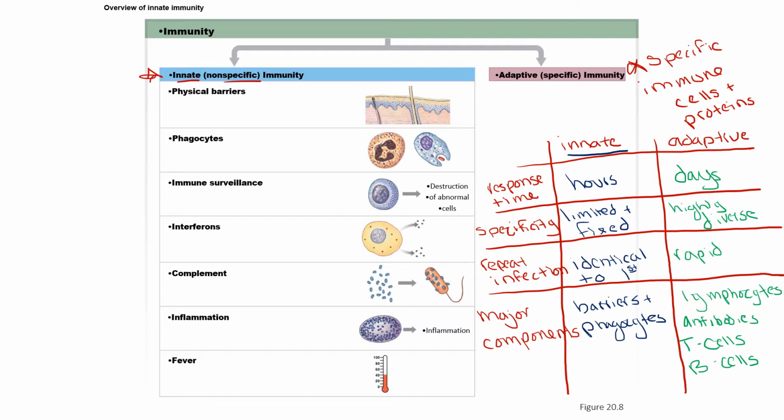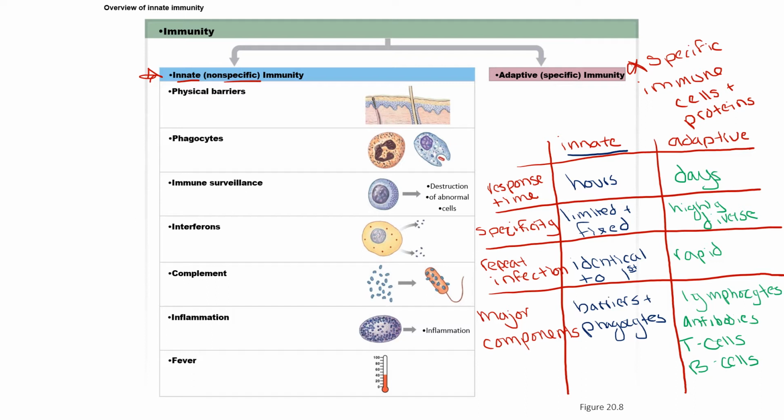In regards to how each immunity handles a repeat infection, your innate immunity is going to be identical to your first infection. Meanwhile, your adaptive immunity is going to be very, very quick.